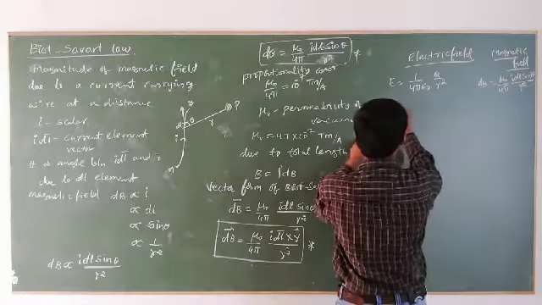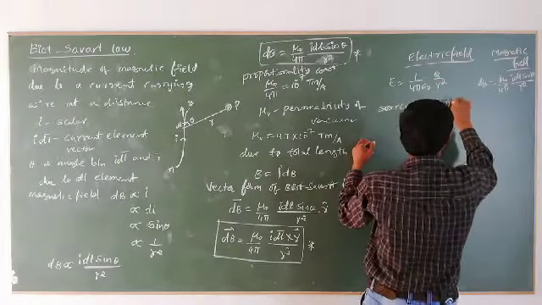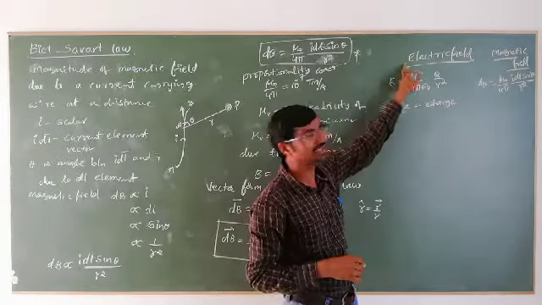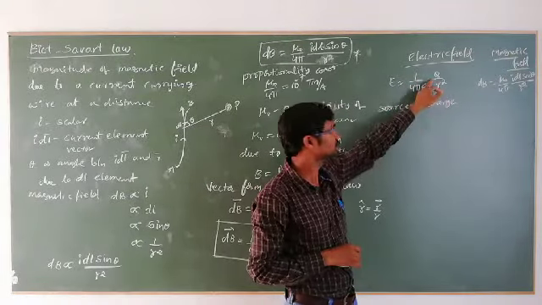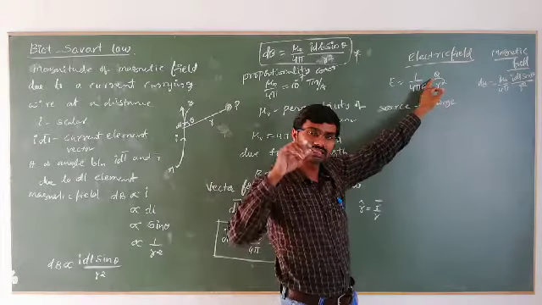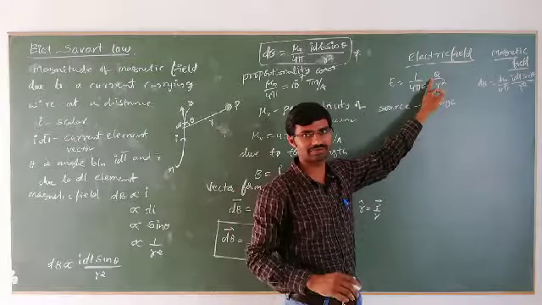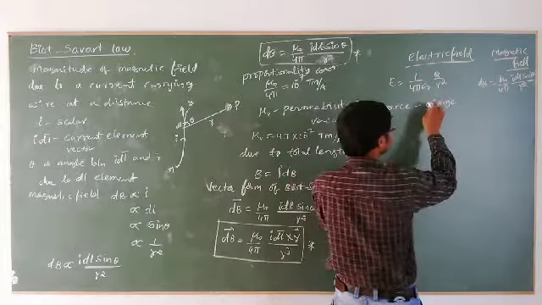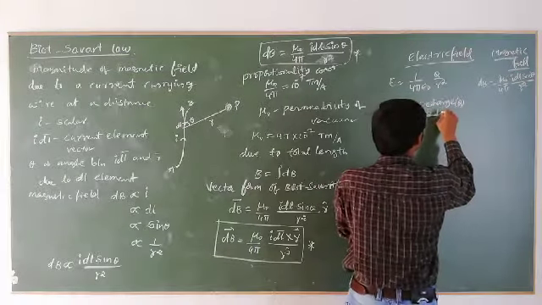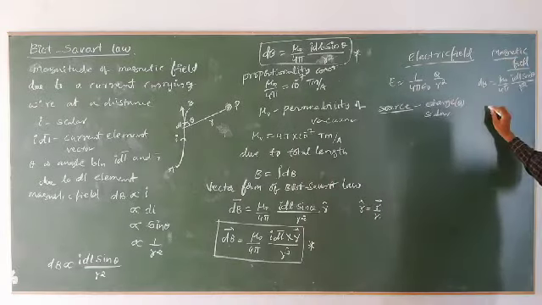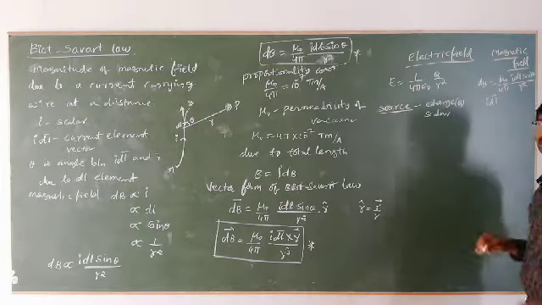The source of the electric field is charge Q, which is a scalar. Even though the electric field is a vector, its source is nothing but charge. Whether the charge is at rest or in uniform motion, it produces an electric field. Therefore, the source of the electric field is charge, which is a scalar. But the source of the magnetic field is a vector, which is the current element I dl bar.